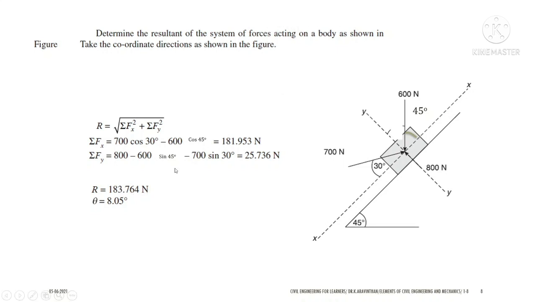If you want to get theta, take tan inverse of summation of Fy divided by Fx. So 25.73 divided by 181.95, take tan inverse of this value, and you will get theta as 8.05 degree.